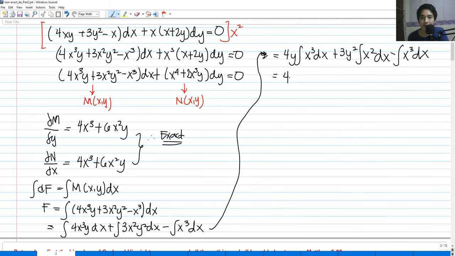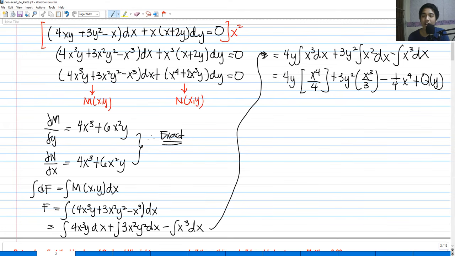So finally integrating, we have 4y x raised to 4 all over 4, plus 3y squared x cubed all over 3, minus 1/4 x raised to 4, plus a q of y, a function containing purely y because we have integrated in x. So this q of y is considered as a constant. So we have, cancel this.